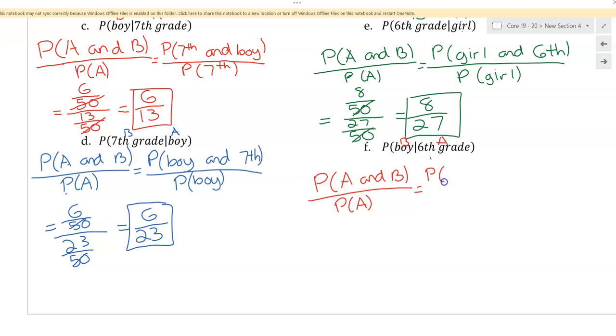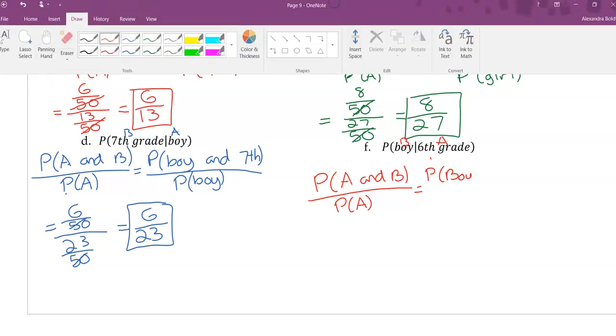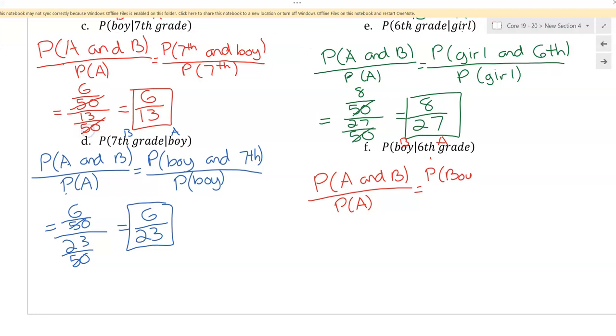So we're doing the probability of A and B, which is A is 6 and boy over the probability of A, which is 6.